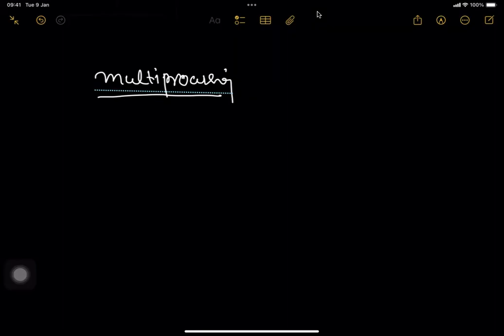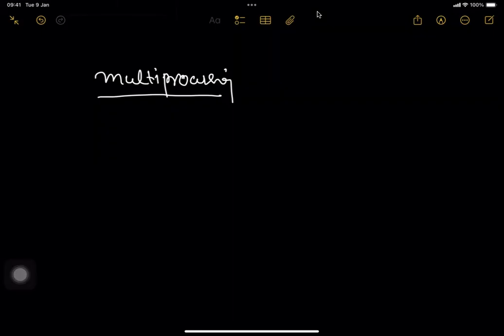And if you have multiple screens, in one screen you can watch Netflix, and on another you can type something. So this is called multiprocessing. In that scenario, there are two processes: one process which allows you to type, and another process which allows you to watch Netflix. These two processes are separate.